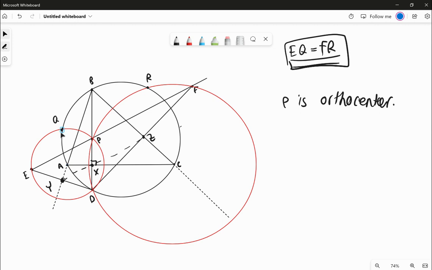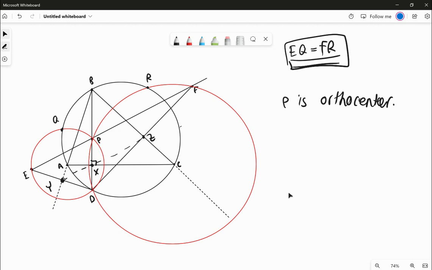And given this, we have that AP equals AD means that D is a reflection of P across AC, and AQ equals AP means that Q is a reflection of P across AB. However, the reflection of the orthocenter across AB also lies on the altitude.